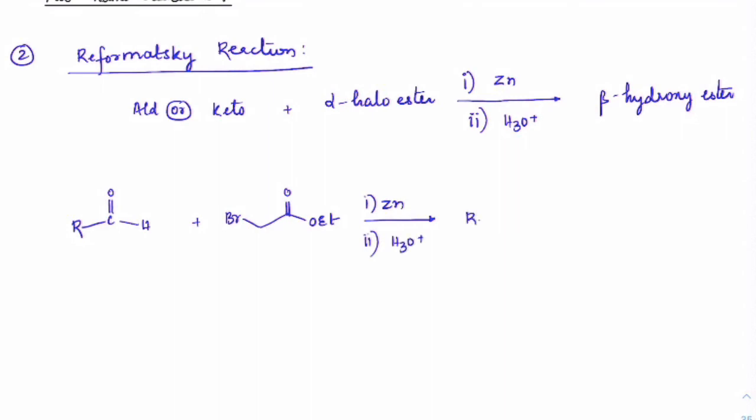I will get RCH(OH) forming here, and this gets connected. So can you see it is exactly like an aldol only, where the reaction has happened on this and this group got connected. So it is simply a beta hydroxy ester. I guess we understood that.